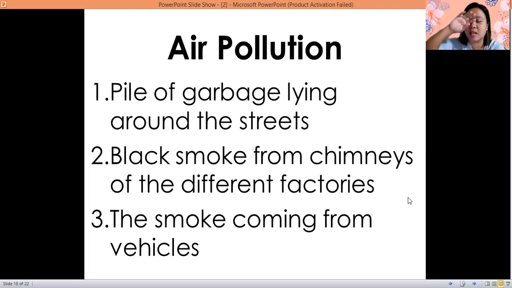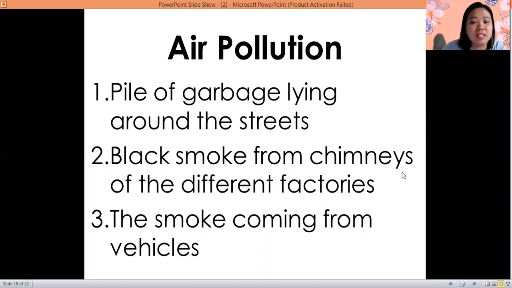Diba? The factories, they have some smoke that comes out from their chimneys. So that one is not good in our air. And number 3, of course, also the smoke coming from vehicles. Okay, so too much vehicles, then it will cause air pollution.